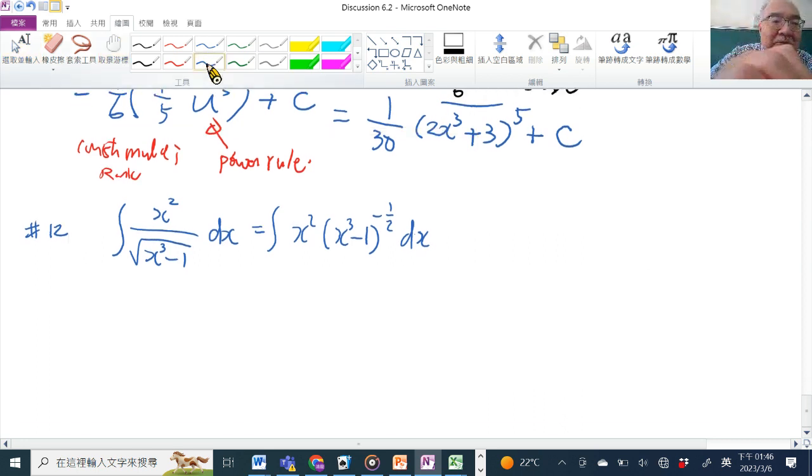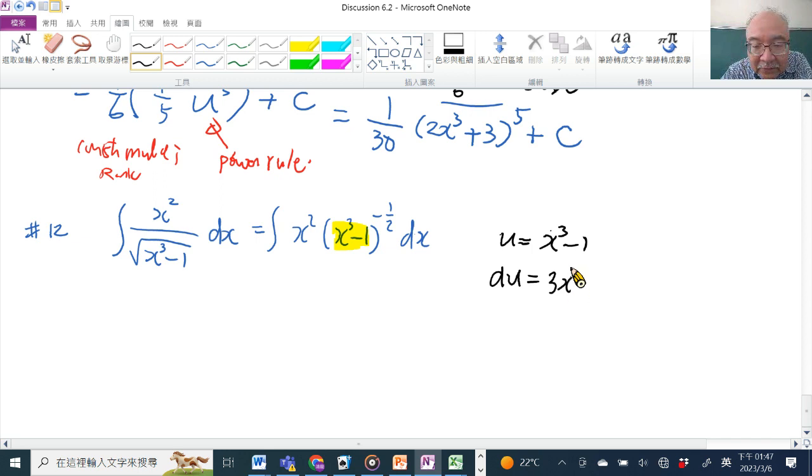And we have to choose, at least in this case, x to the power 3 minus 1 as the term we're going to substitute. So our u should equal x to the power 3 minus 1, and our du should equal 3x squared dx.